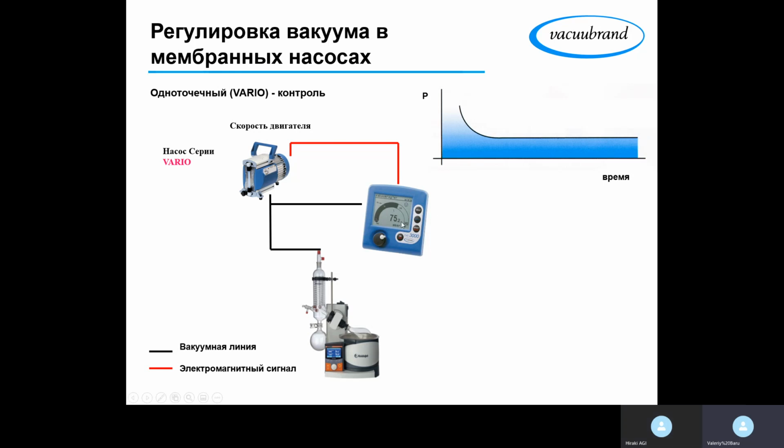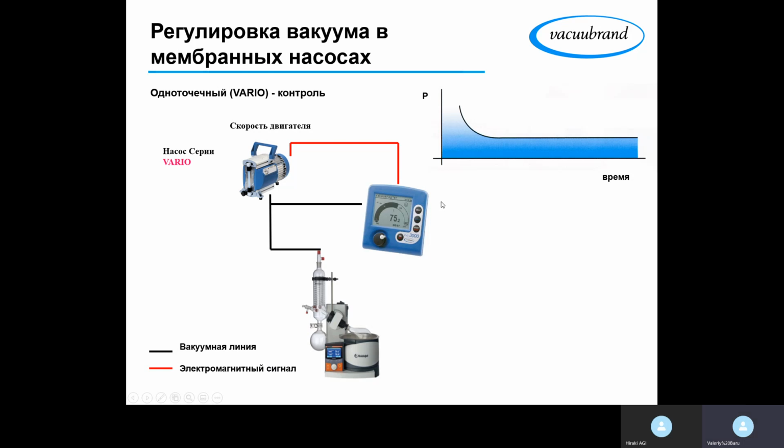We set 75 millibar on the controller, and as soon as the vacuum gets closer to 75 millibar, the controller says to the drive, please decrease the rotation speed. And by decreasing the rotation speed, it decreases the performance.